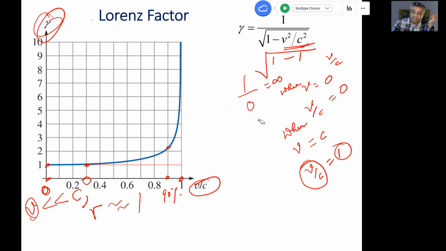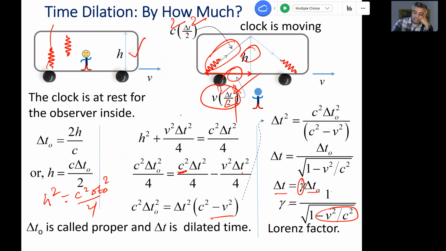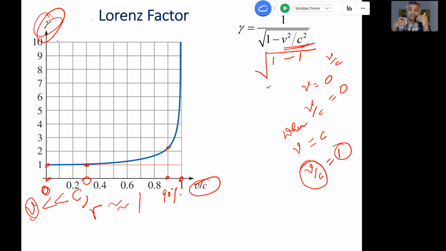So what it means is, since nothing can move at the speed of light other than light itself, every other object is going to have speed slightly less than that. So the value of gamma is not going to be infinity, but it's going to be really large. And that depends simply on the speed.